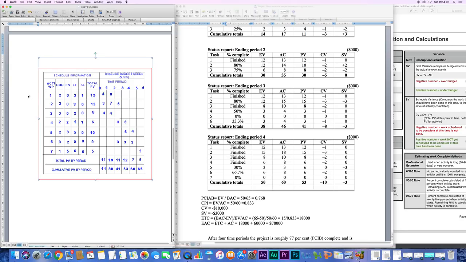So for activity 1, total plan value is 12 times 100%, it's 12. 2 is 80%. 80% times 15 is 12. 3 is 100%. 100% times 8, it's 8. 4 is 50%. 50% times 6 is 3. 5 is 0%, so that's 0.